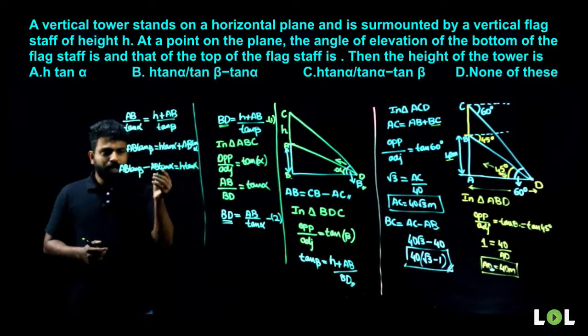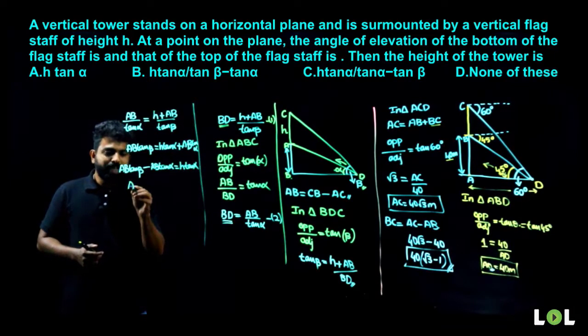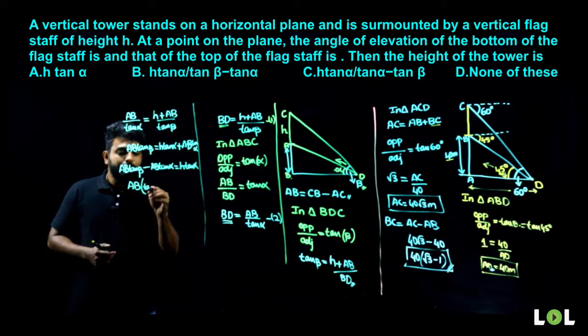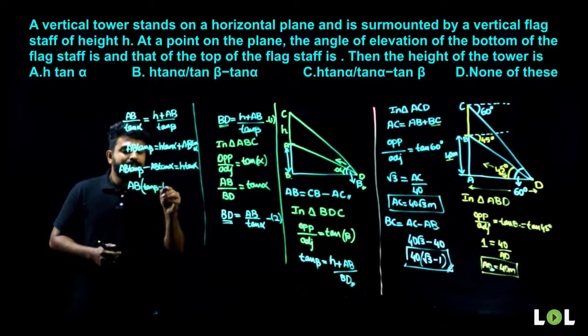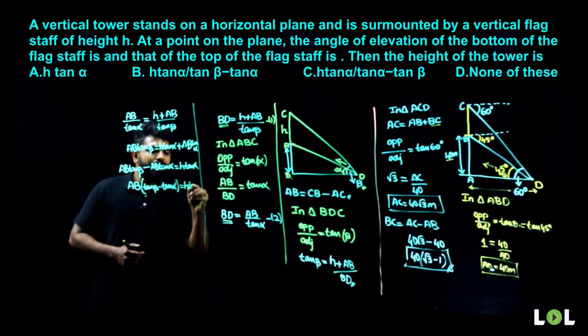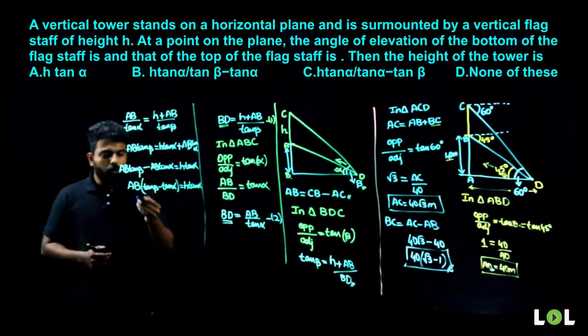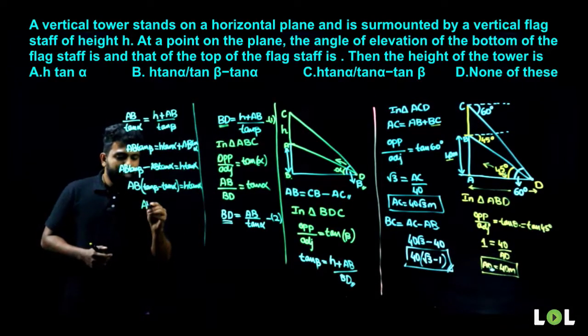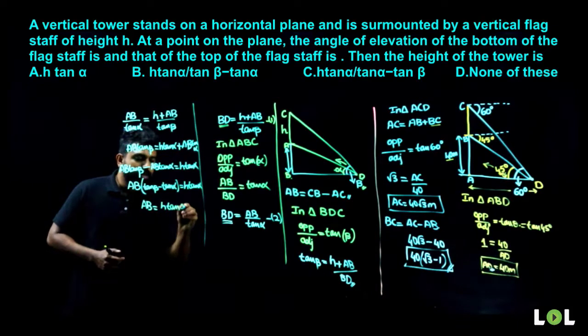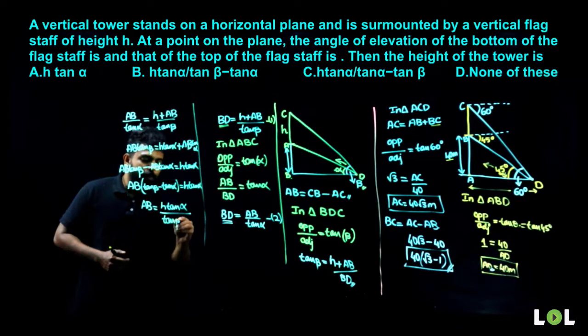Now I can take AB common. If I take AB common, what am I left with? Tan beta minus tan alpha, and that will be equal to h tan alpha. Now what will be the value of AB? AB will be equal to h tan alpha divided by tan beta minus tan alpha.